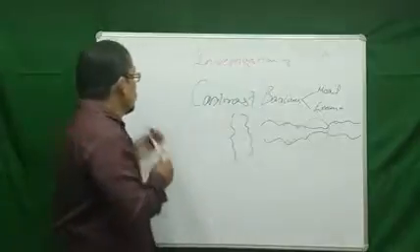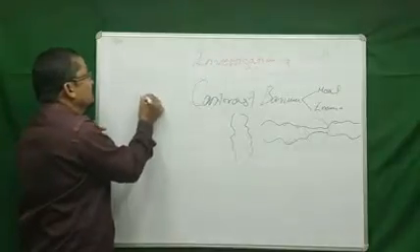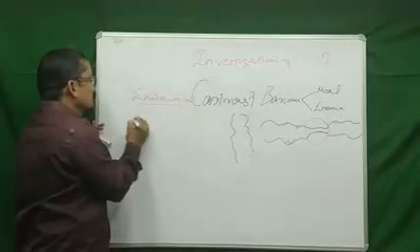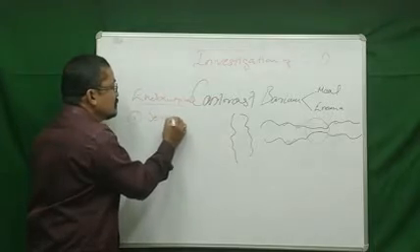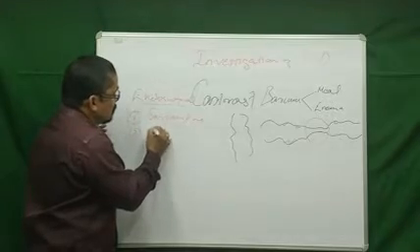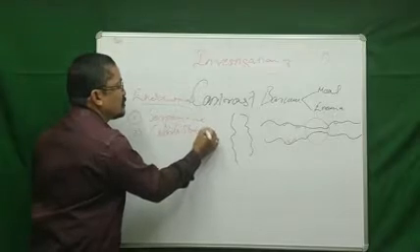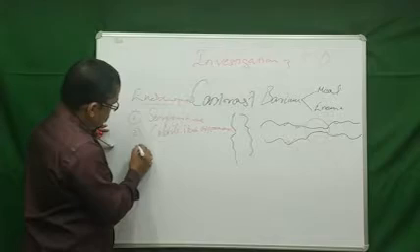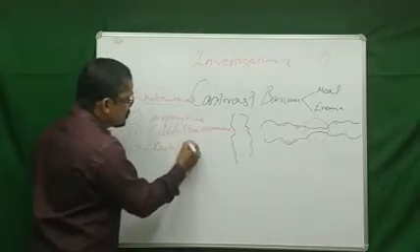So, while doing the endoscopical examination, number one, serpentine ulcers, then cobblestone appearance of mucosa, and number three, rectal sparing.